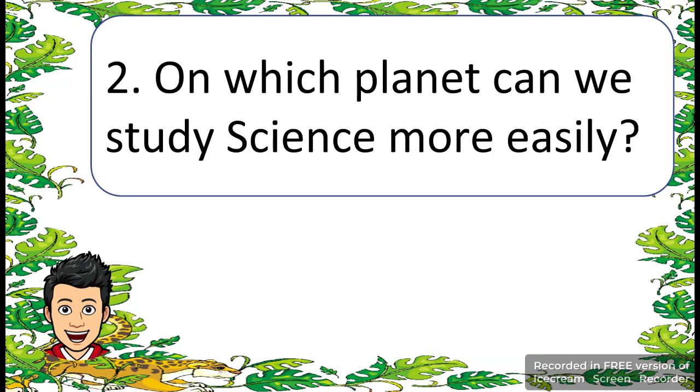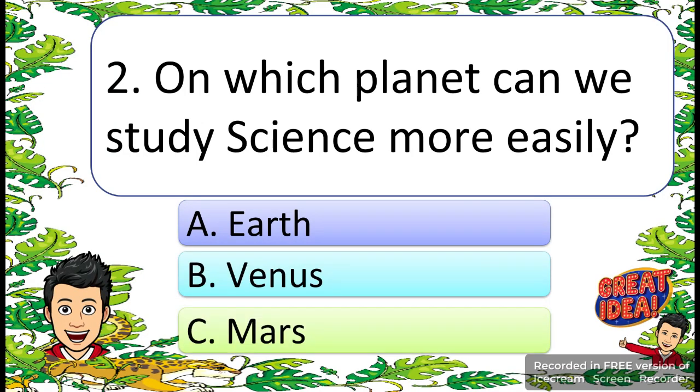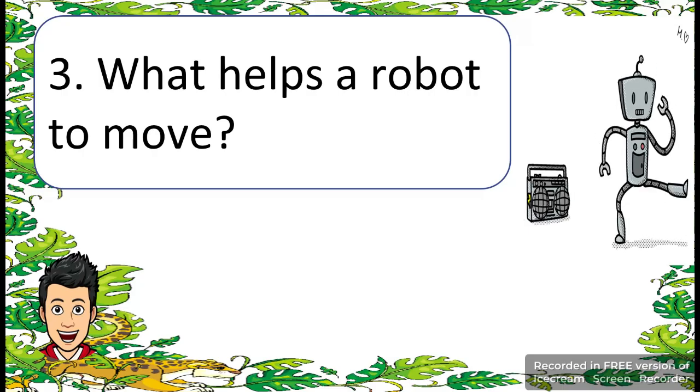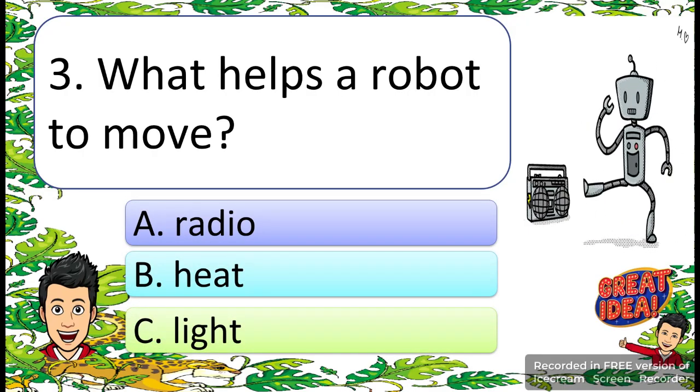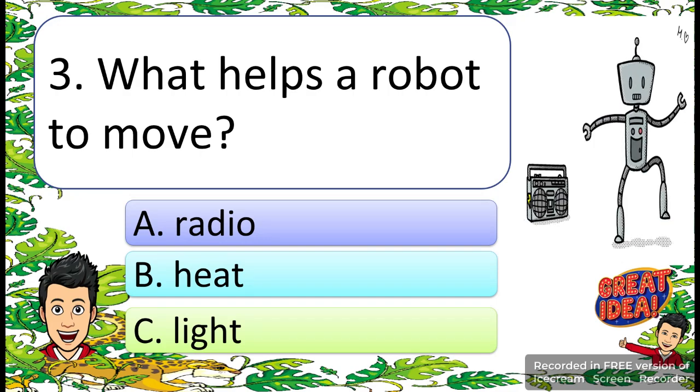Number 2. On which planet can we study science more easily? A. Earth. B. Venus. C. Mars. Number 3. What helps a robot to move? A. Radio. B. Heat. C. Light.